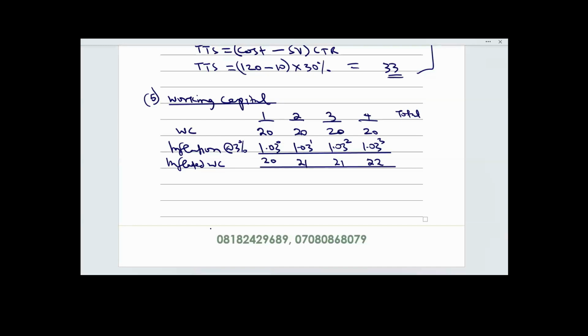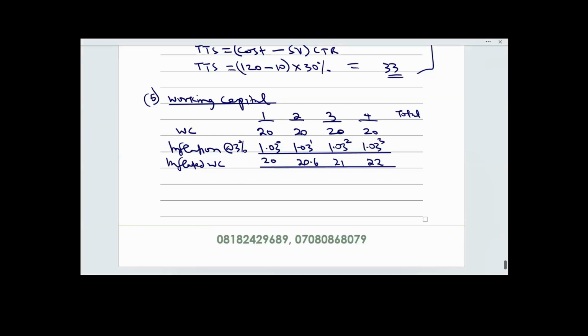So let's restrict our working capital to one decimal place so that the hidden numbers will be made open. So let me do it again. From the second year, 1.03 raised to power 1, then multiply by 20. That's 20.6. So let's call this one 20.6.